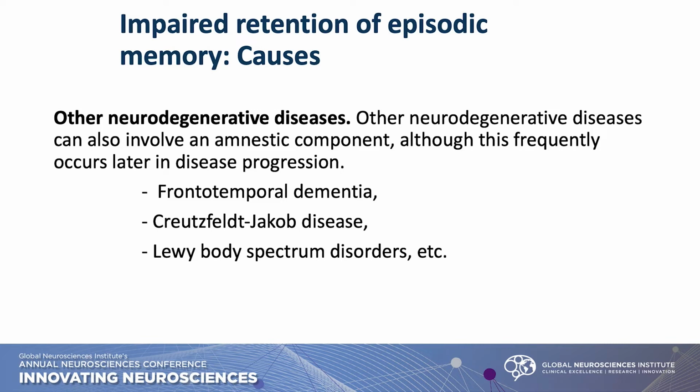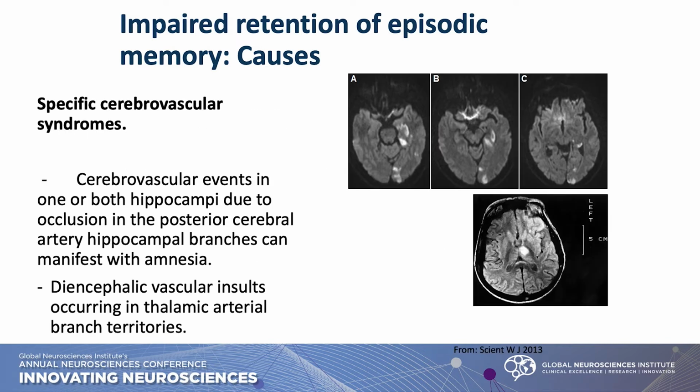Now, I was saying that understanding the tempo of the disease is very important. The reason is, if we have an amnestic profile with acute onset, or very rapidly progressing, certain strokes can present like that. Even isolated hippocampal strokes, like a posterior cerebral artery stroke, or encephalic vascular insults, can have that pure amnestic profile.